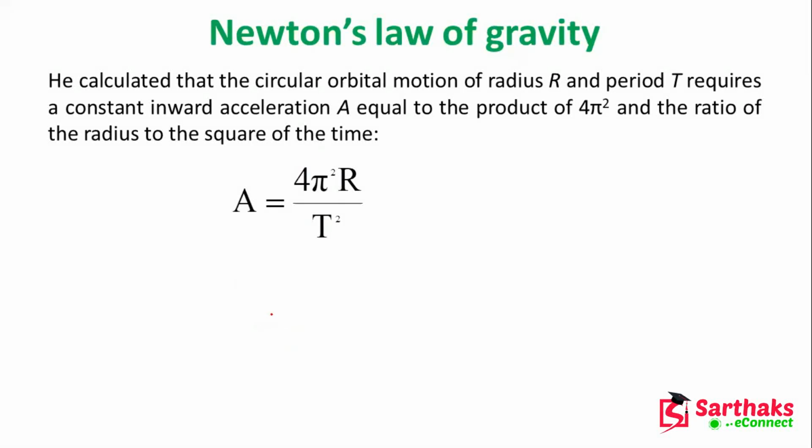Now he calculated, for the circular orbital motion, what the inward acceleration will be. This acceleration will be 4 pi square R by T square. So I am drawing here.